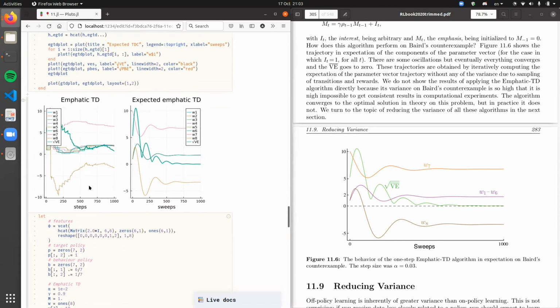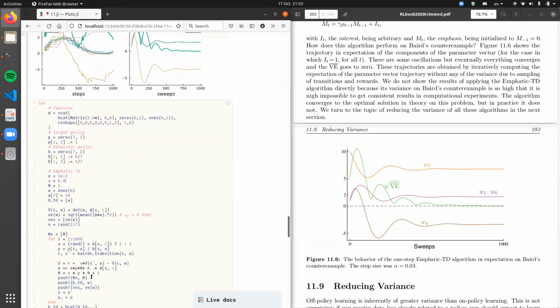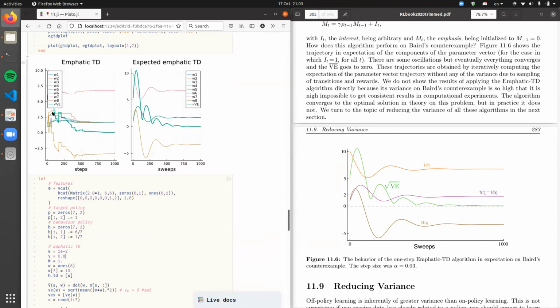Yeah, and if before we haven't observed something that was looking like it converges, this time we even have some nice runs where we seemingly converge towards some solution. And if you decrease it even further, you can get a stable convergence for the sampling case.